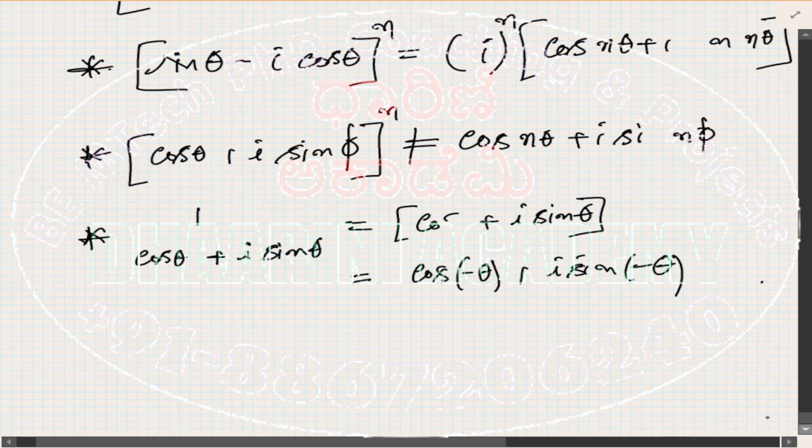So we put minus theta over there because the power is minus 1. We know that for any integer n, this is valid. So this is now equal to cos of minus theta, which is cos theta, and sine of minus theta is minus sine theta, so minus I sine theta.